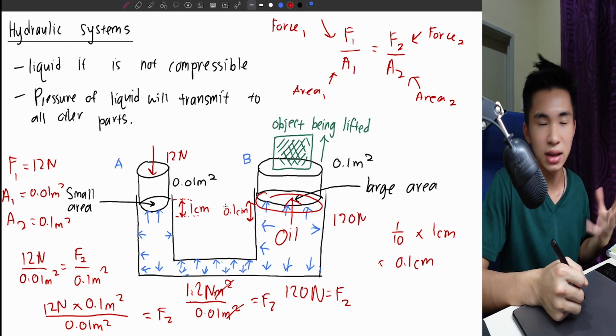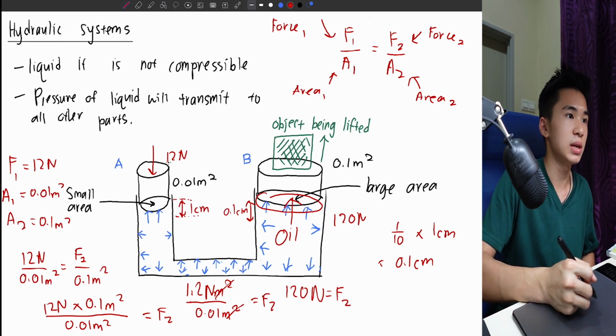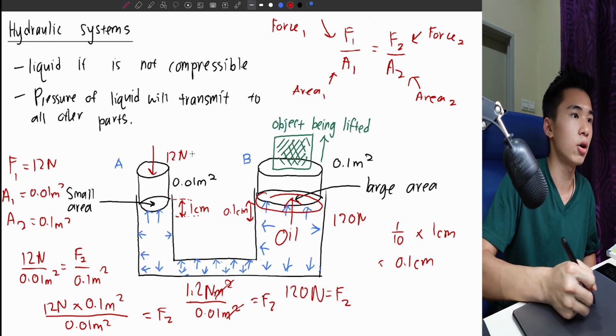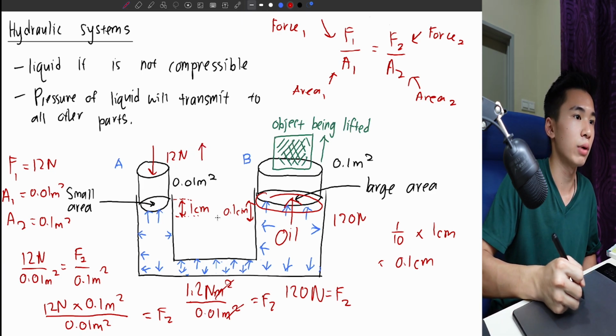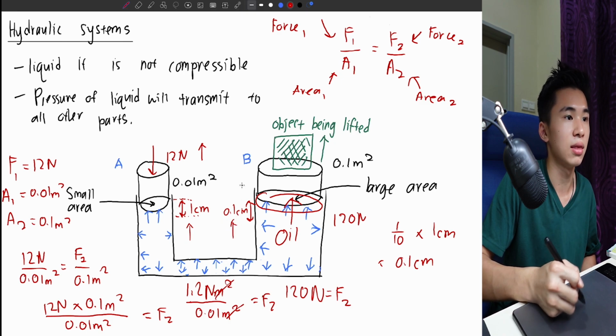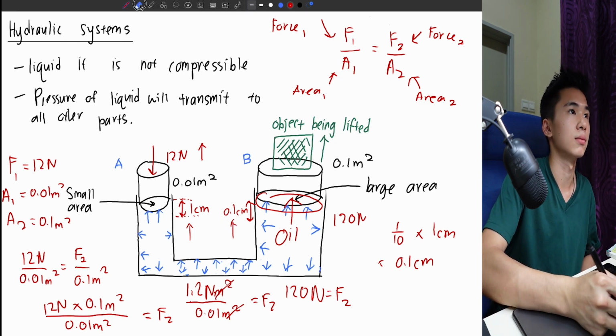So at the end of the day, nothing is free in physics, which means if you want to lift this green object higher, you have to apply more force. If more force, then you will have more displacement at this cylinder A, and then you will have more displacement at this cylinder B as well.